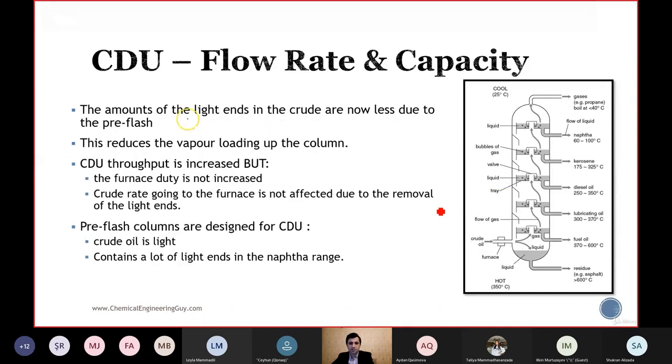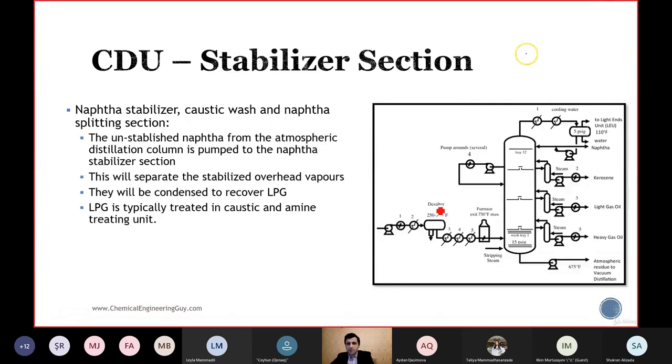Stabilizer section. We have naphtha here, but this naphtha is unstabilized. Who can tell me what unstabilized means? Unstabilized naphtha means that we have gases in the naphtha, mostly LPG plus naphtha.